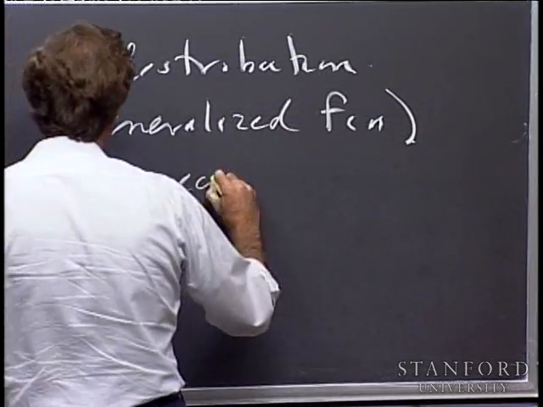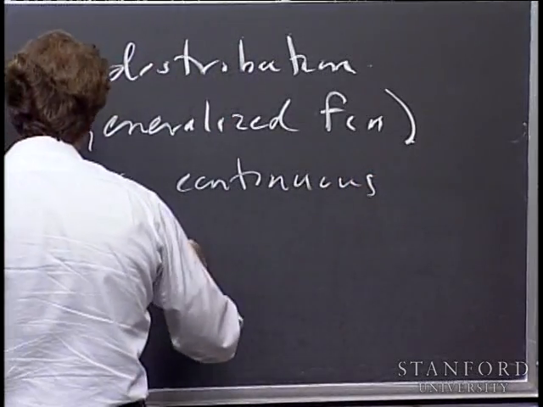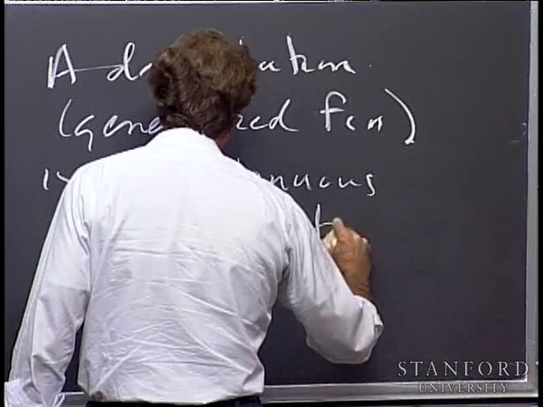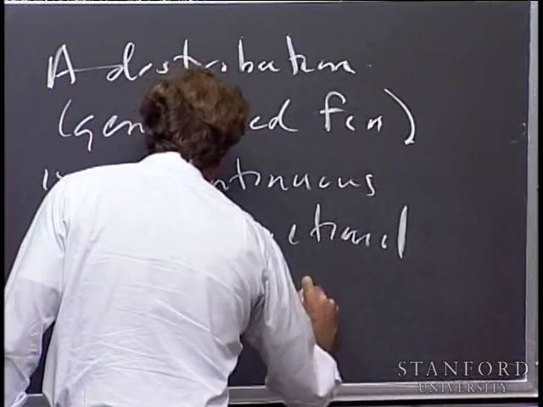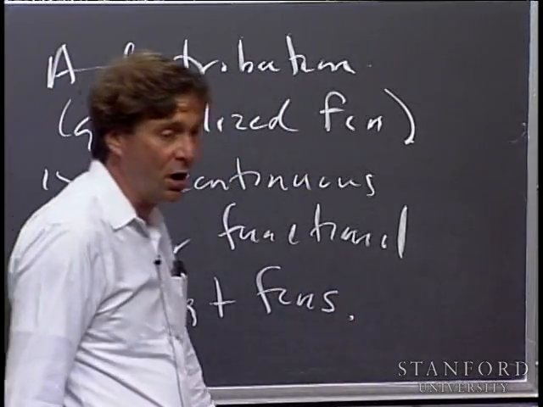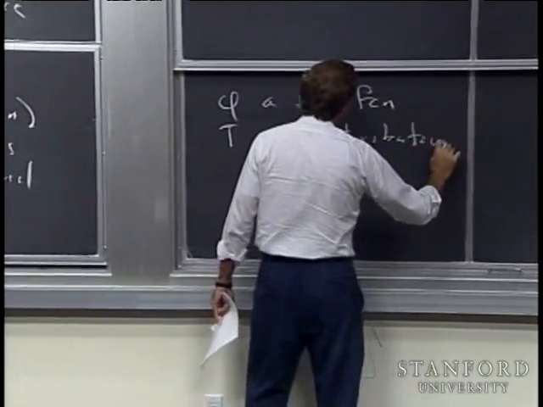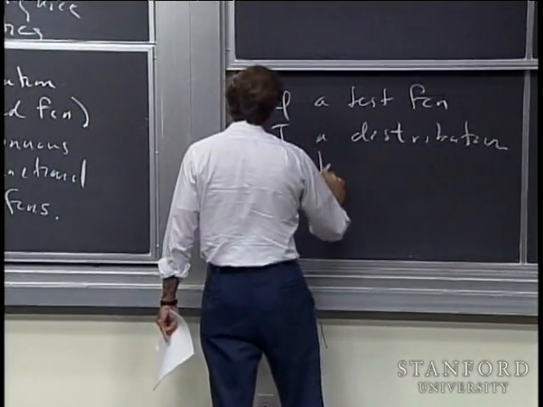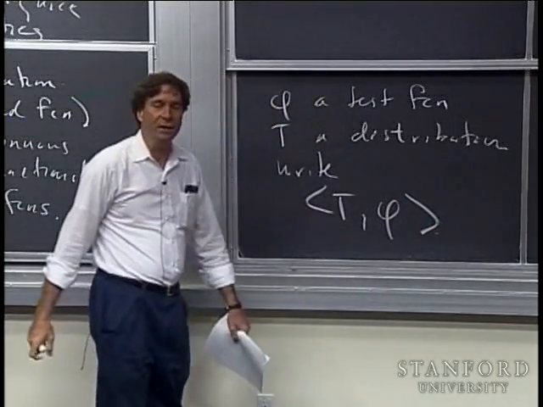So let me give you the shorthand notation for this. A continuous linear functional on test functions. That means it satisfies two properties. You write the pairing, if phi is a test function and T is a distribution, we will write most of the time, but not always, T phi, with that sort of pairing for T operating on phi.